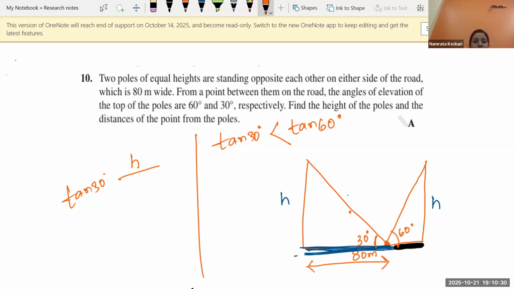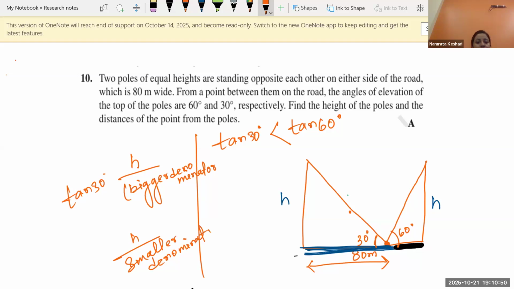And h by a bigger denominator gives a smaller value, h by a smaller denominator gives a bigger value. So the bigger portion which you have taken, there you must mark 30°, right? Yes. Is it making sense?